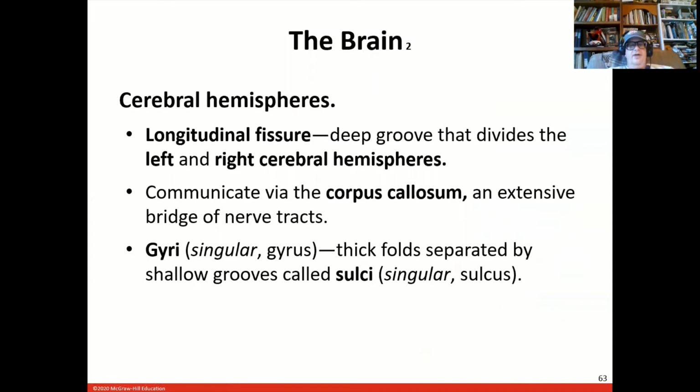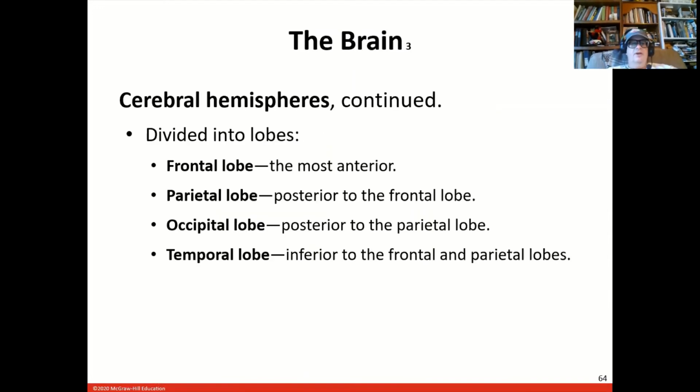Okay, so that corpus callosum that connects the two halves is tracts going back and forth between the hemispheres. The gyri are the thick folds, the sulci are the shallow grooves. Moving on. So the hemispheres are further divided into lobes. We have a left hemisphere, right hemisphere, but they've got frontal lobes.